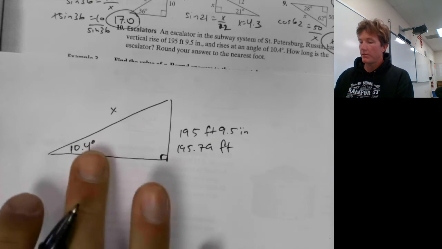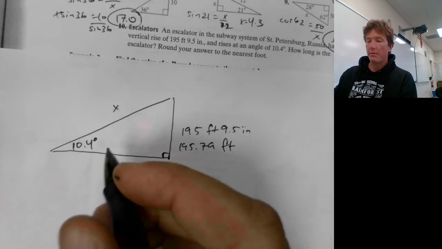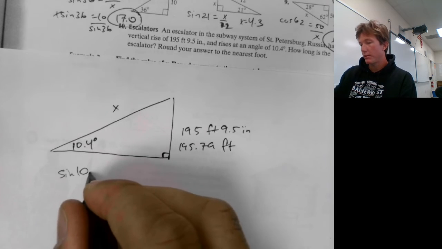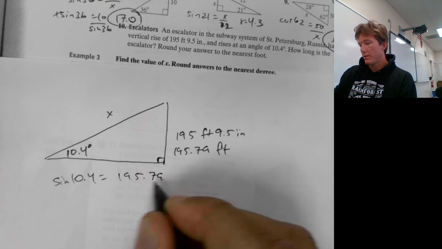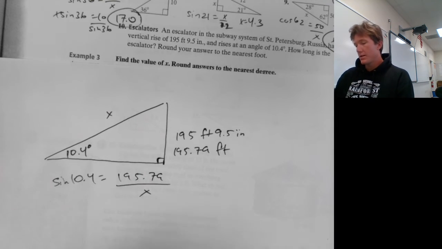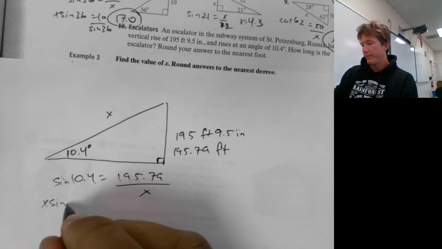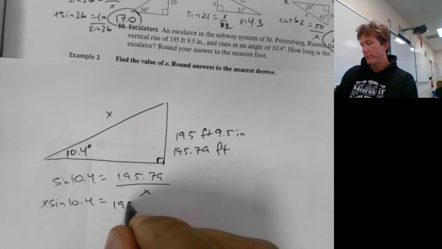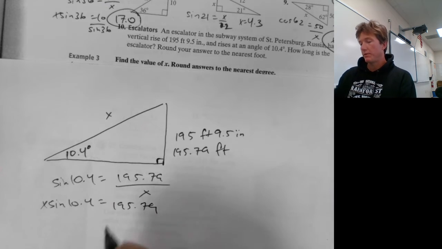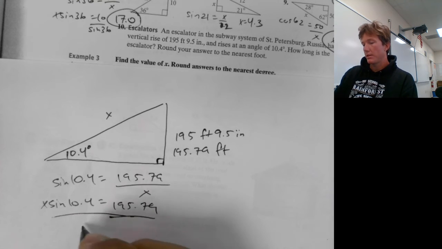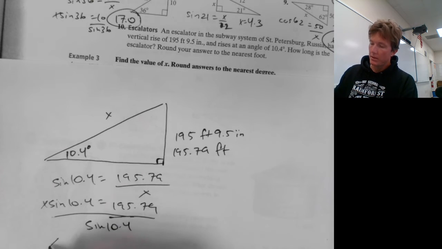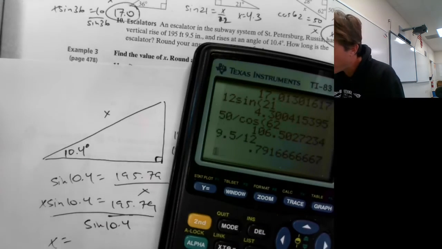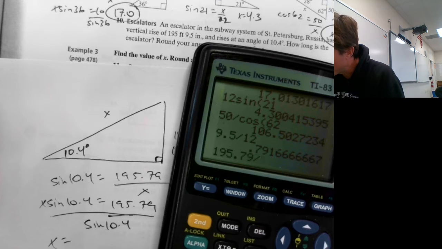So I have the opposite of the angle, and I'm looking for the hypotenuse, so I'll do sine 10.4 equals 195.79 over x. I'll multiply by x, and then I will divide by sine 10.4, so x equals 195.79 divided by sine of 10.4.